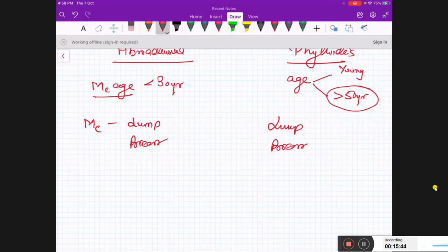It is the size which matters here. If you are told it's a big size lump, one should start thinking towards phyllodes tumor, right?